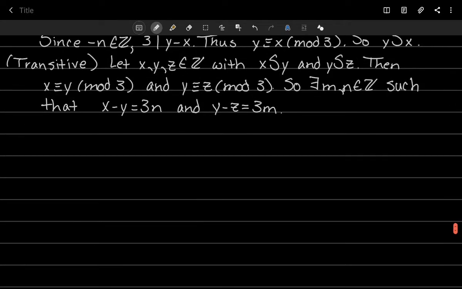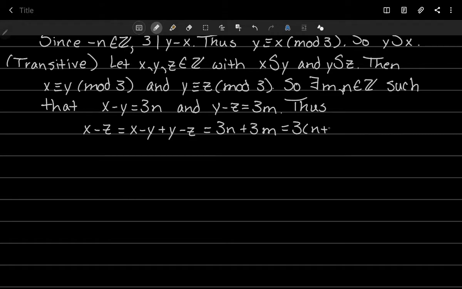Okay. Thus, here we go. x minus z is the same thing as x minus y plus y minus z, which is the same thing as 3n plus 3m, which is the same thing as 3 times (n plus m).